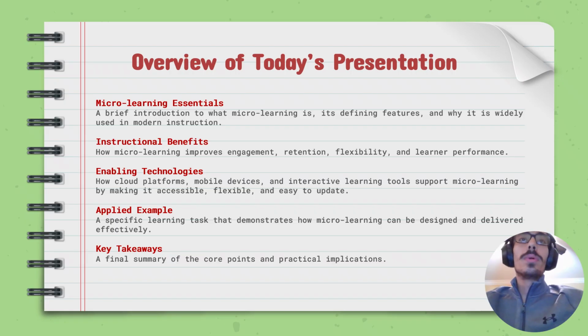Next, I will explain how cloud platforms, mobile devices, and interactive technologies make microlearning possible and effective. After that, I'll show a real example of a microlearning task, specifically connected to construction safety, my field of study, and I finally wrap up with the key takeaways. So let's begin.